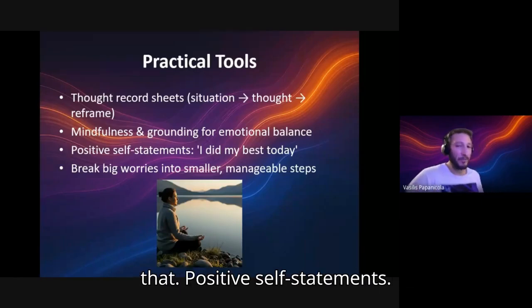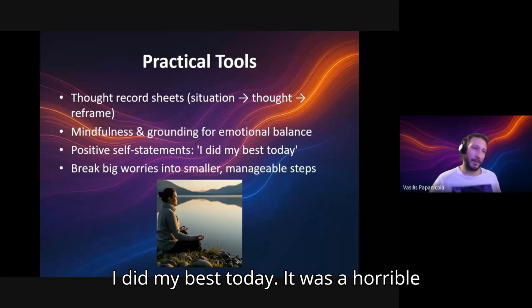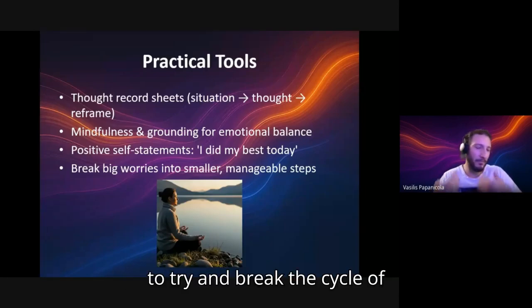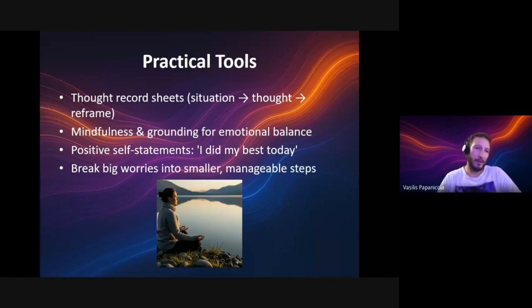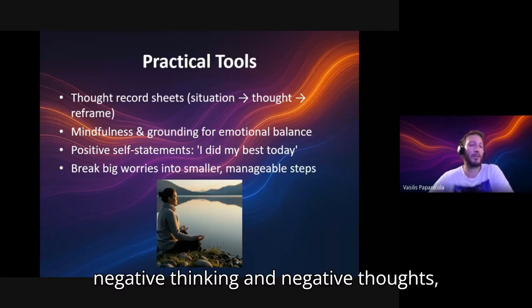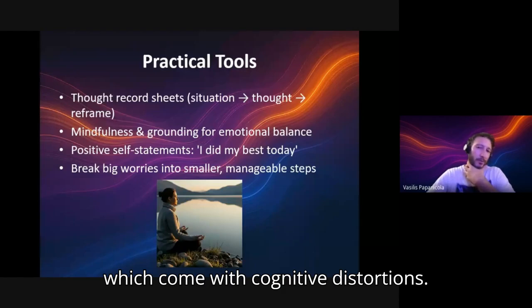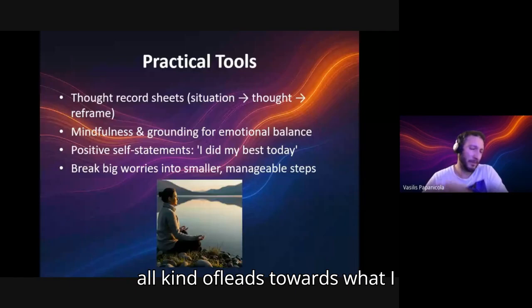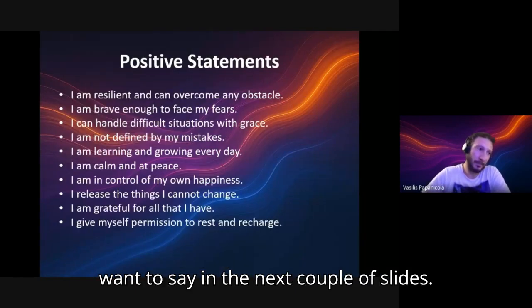Positive self-statements: I did my best today. It was a horrible day, but I did my best. Things like that to try and break the cycle of negative thinking and negative thoughts, which come with cognitive distortions. And breaking the worries into steps. This all leads towards what I want to say in the next couple of slides.